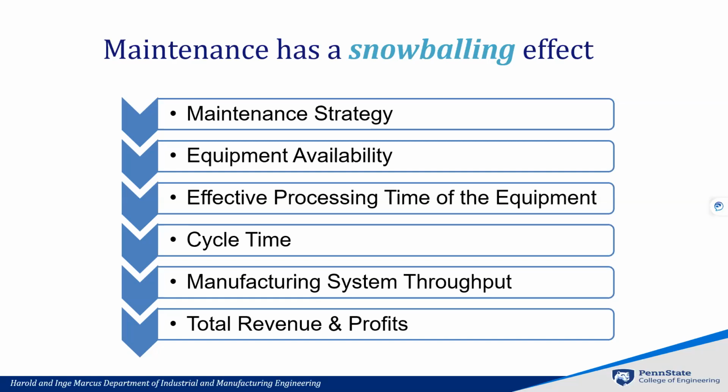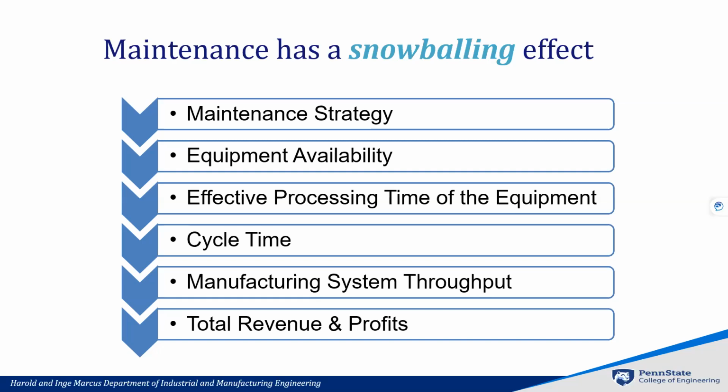And I'll explain this in a minute. It also impacts the cycle time. So if your machine is down long periods of time, then you will have longer cycle times. In order to compensate for it, you probably end up having more WIP in the system, and so on and so forth.